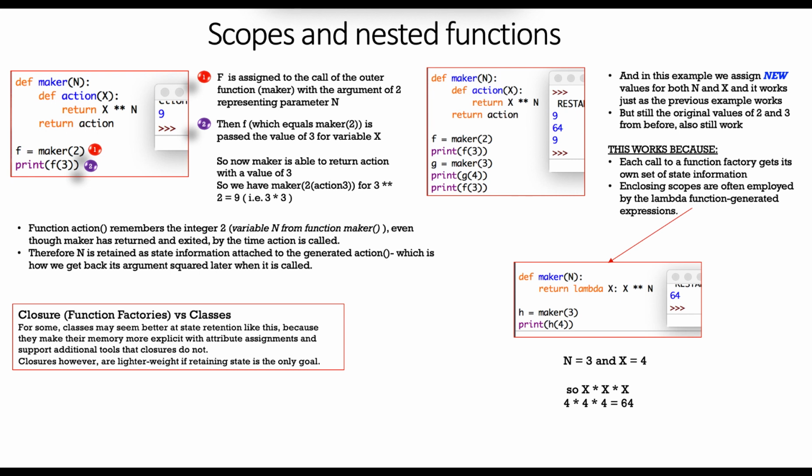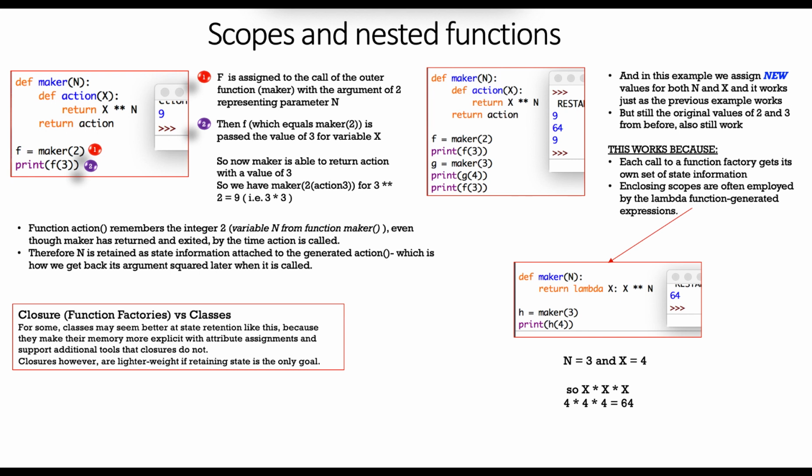Function action remembers the integer 2, variable n, from function maker, even though maker has returned and exited by the time action is called. Therefore, n is retained as state information attached to the generated action function, which is how we get back its argument squared later when it's called.